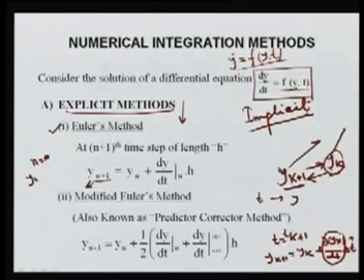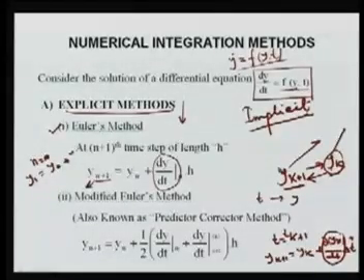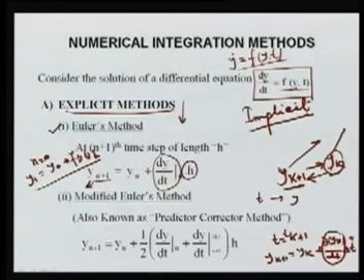After the first iteration, y1 will be y naught plus dy upon dt, which is nothing but your function f(y, t), calculated at the nth state, times h, and that h is basically the difference in time. This is the time step, meaning t n plus 1 minus t n will be equal to h.